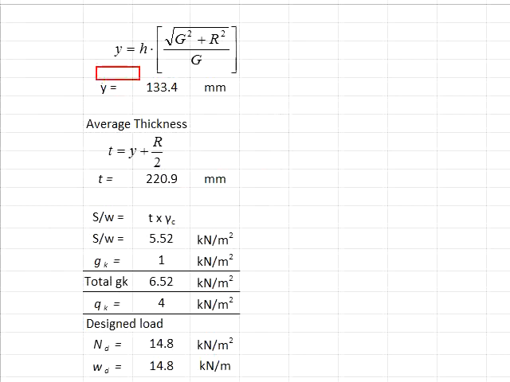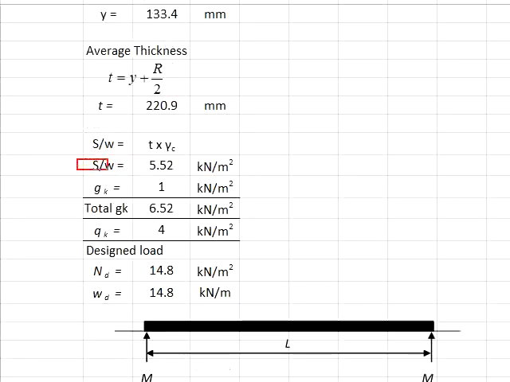You obtain y equals 133.4. And this 133.4, which is the y, is to be added with half of the riser, which is 175 divided by 2. This will give you an average thickness of the staircase of 220.9 mm. Now you can determine the self-weight of the staircase.